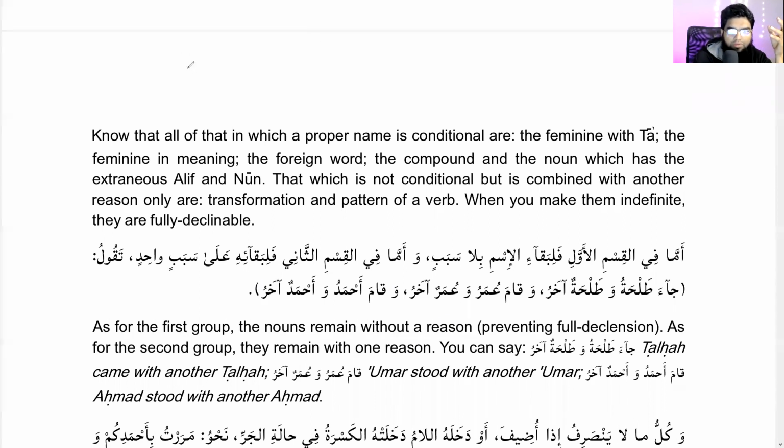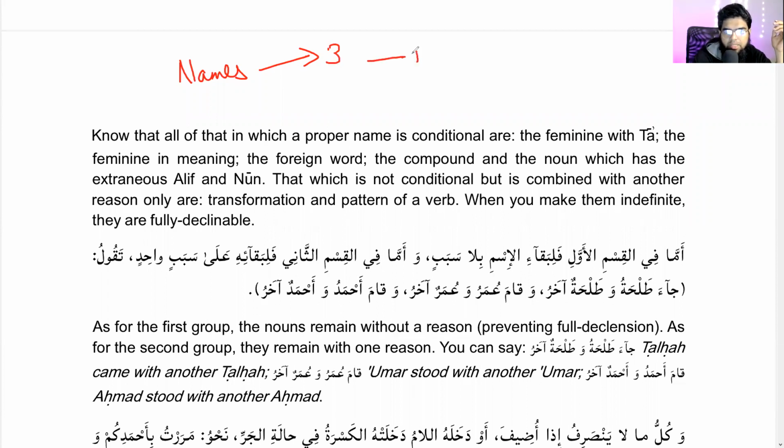He divides names into two groups. So in these diptote names, one is what he brings four in them. Four: feminine with ta, one, two. Feminine in meaning, whatever, one, two, three. He brings three in one group.